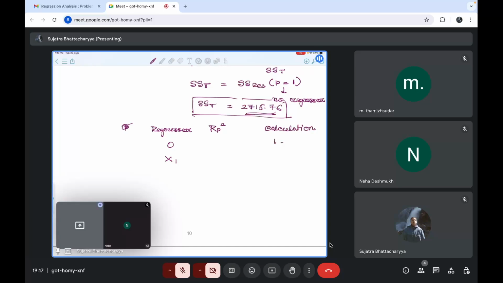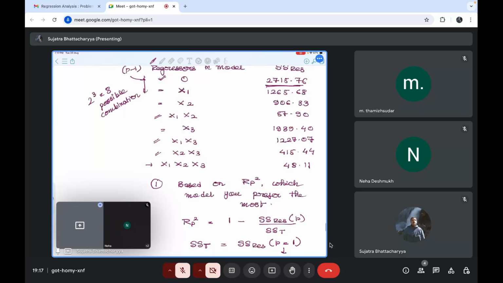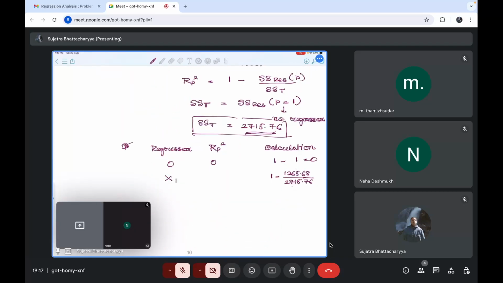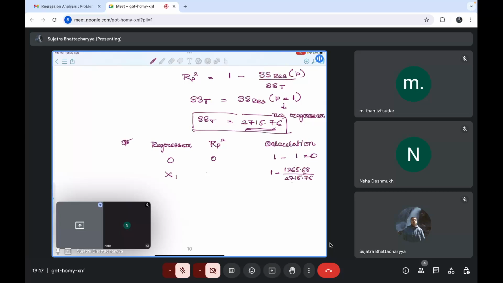For the no-regressor case it is just 1 minus 1, that is 0, so put 0 here. For X1, this will be 1 minus 1265.168 divided by 2715.76. This is SS total and this is SS residual for X1. And this comes out to be about 0.53.